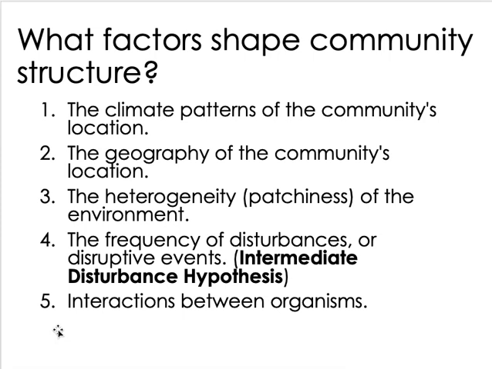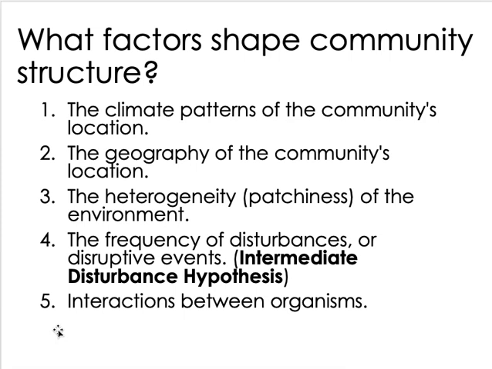Okay, so another factor is the interaction between organisms. So we have mutualism, commensalism, parasitism, you have predation, kumbaga. So for example, if you have a competition interaction, two species that compete intensively with one another may be unable to coexist.